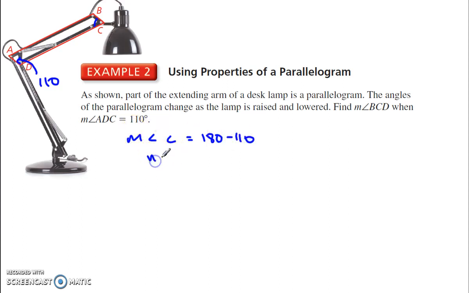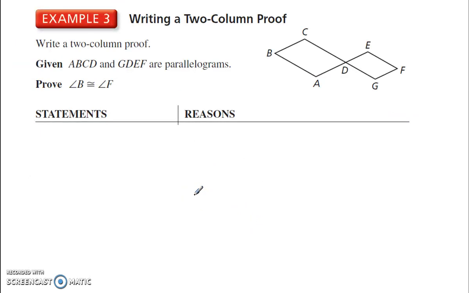And therefore the measure of angle, let's write it the way they did, BCD, angle BCD is equal to 70 degrees. That was easy, lots of fun. Let's keep going. Alright, writing a proof.